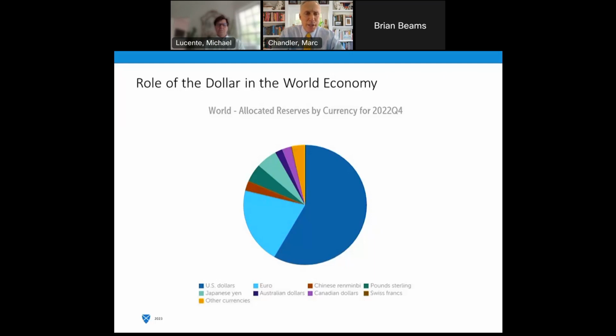You can see the other pieces of the pie here. That lighter blue is the euro, the second most used currency as a reserve asset. The brown is China. I know a lot of people see this in the news. Many people think that China is going to replace the dollar. If it does, it's not going to be anytime soon. As you can see, it's a small slice of the pie of currency reserves that are accounted for by the Chinese RMB.